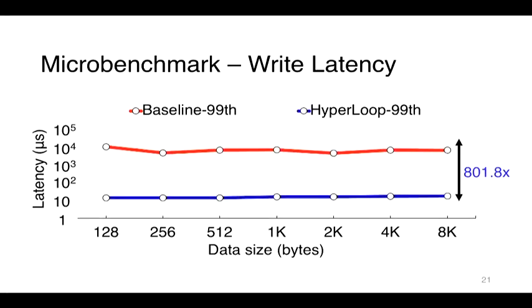We can see that compared to the baseline, HyperLoop can reduce 99th percentile tail latency by around 800 times. We also observed that the average latency is reduced by around 30 times compared to the baseline. This research demonstrates that offloading memory operations to a group of replicas is beneficial to reduce both average and tail latency.